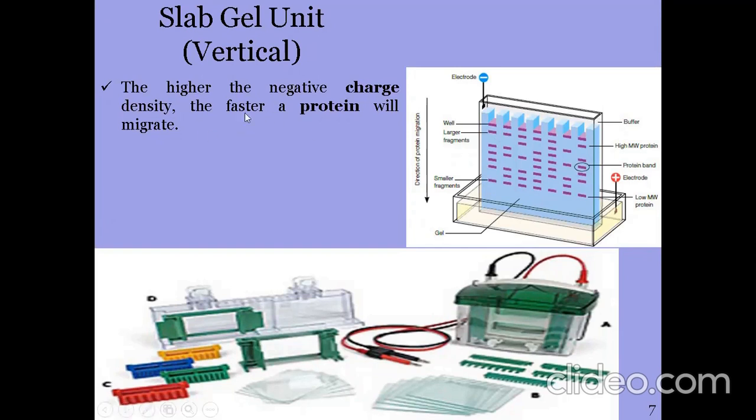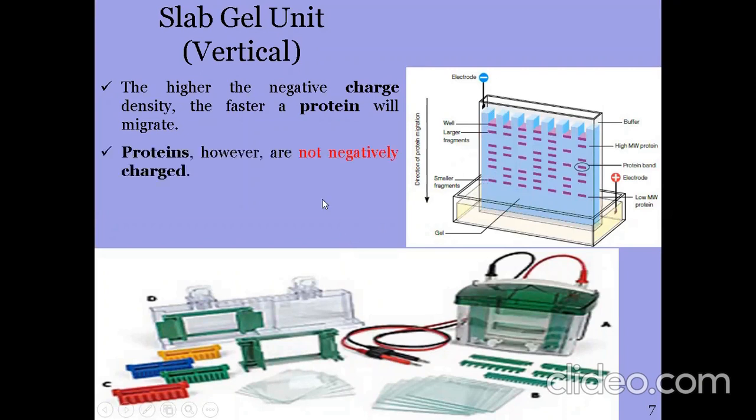So the higher the negatively charged density, the faster a protein will migrate. The more the negative charge, the faster it moves from the negative electrode toward the positive pole.